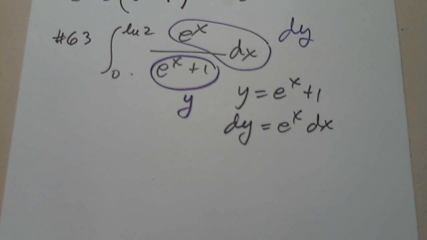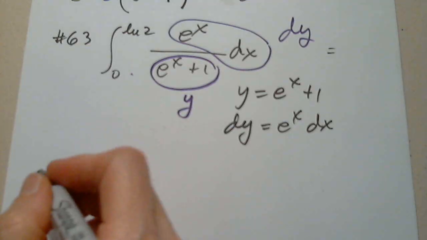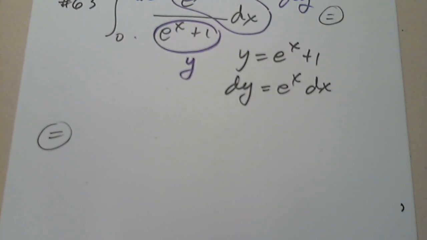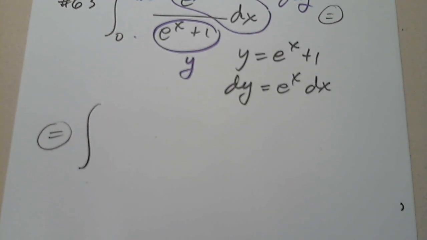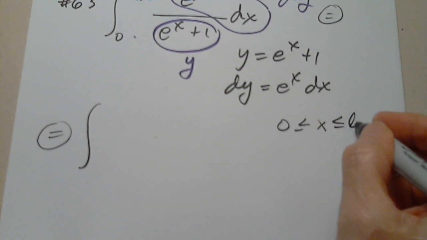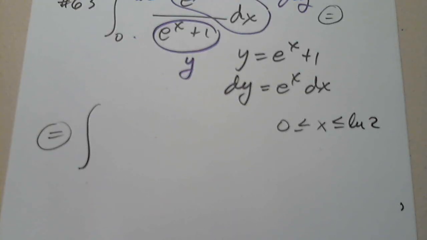Excellent. So how do I continue? What do I write? And of course, I need new limits of integration. Remember, x is somewhere between 0 and natural log 2. But first, let's identify what we have in the integral, and then we'll find the limits of integration.